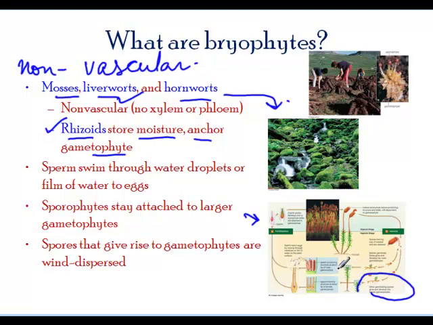The female part of the plant is the one that's going to have the egg over here, and the male part of the plant is this, and then it releases the sex cells, and they undergo fertilization, and they give rise to an interesting stage, which is the sporophyte stage. Now, in this stage, these are the spores that will be released by this plant, and these spores will undergo meiosis to then give rise to these.